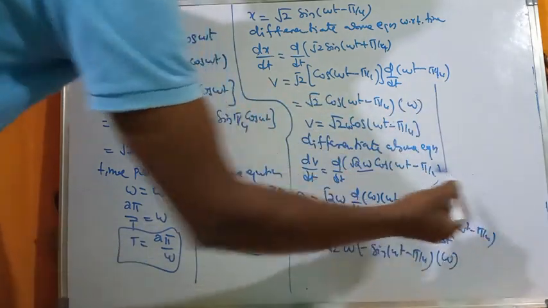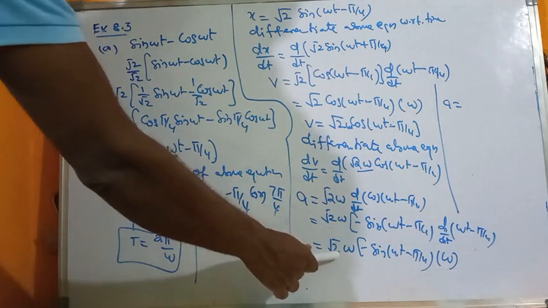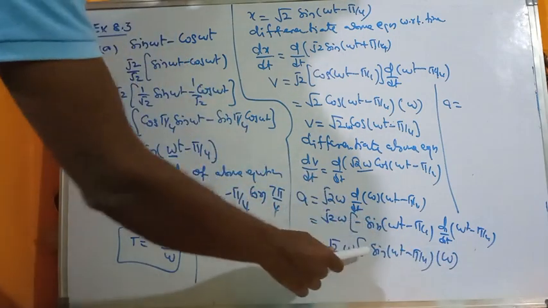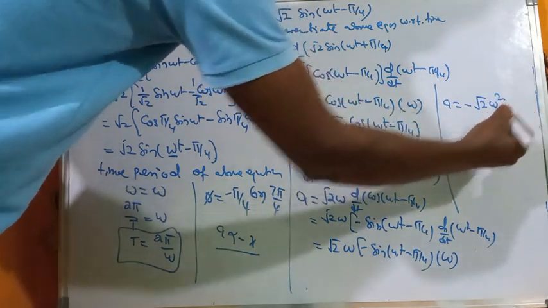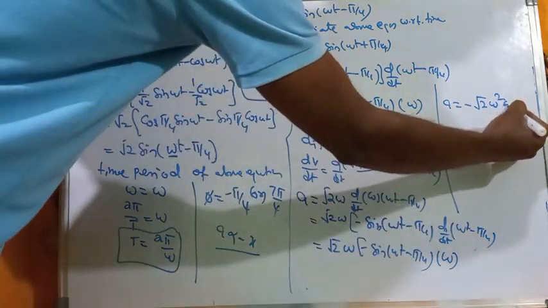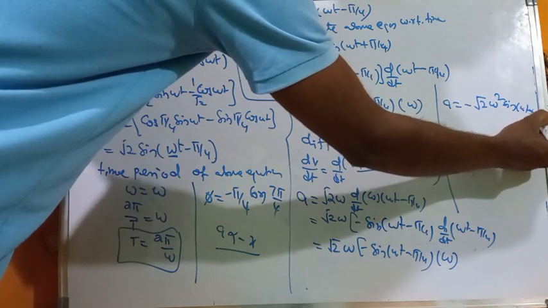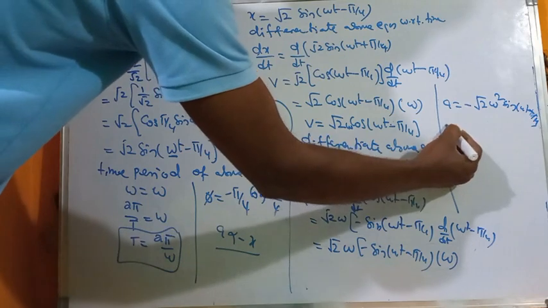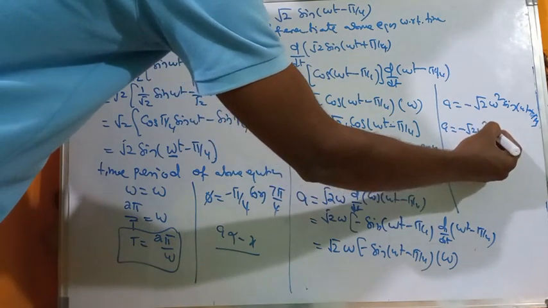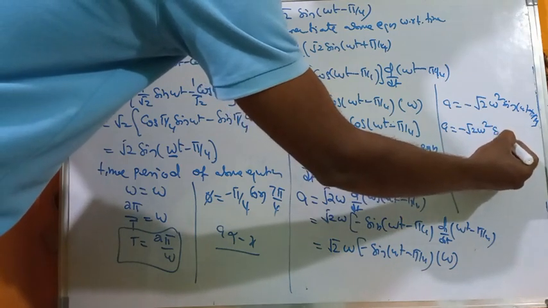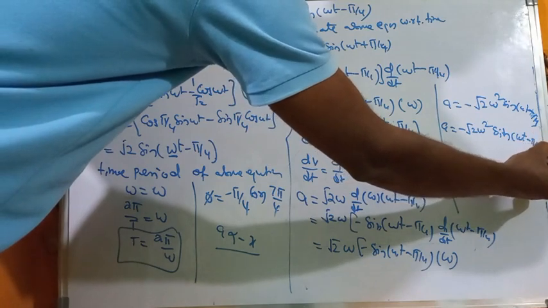So a is equal to minus root 2 omega square sine of omega t minus pi by 4.